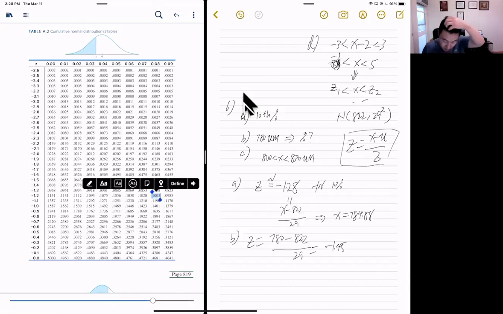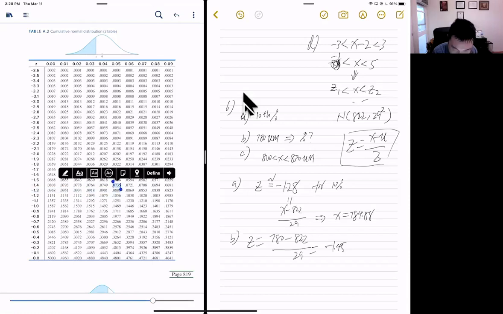Minus 1.45 is here, and the area to the left of minus 1.45 is 0.0735.